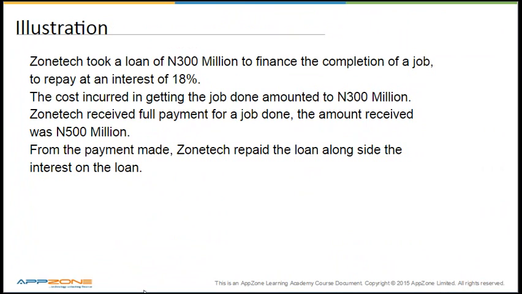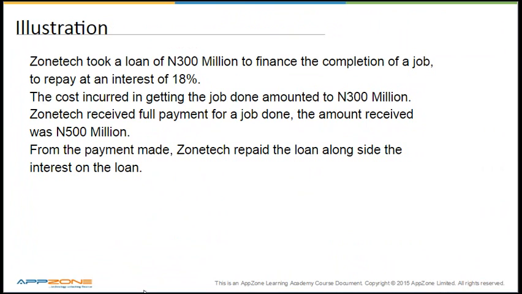ZoneTech, being a business venture, has taken up a transaction, and what we have on our screen is a breakdown of that transaction. ZoneTech took a loan of 300 million naira to finance the completion of a job.